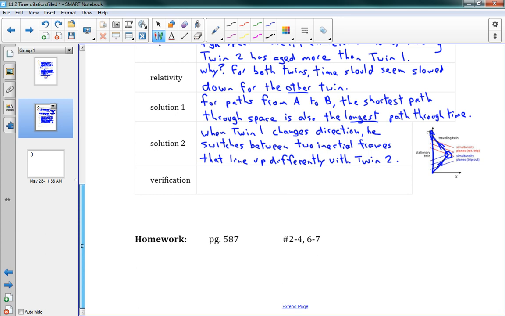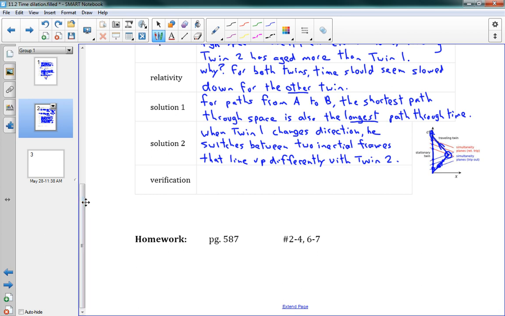We can say that the stationary twin here at that point in time lines up with this point in time for the moving twin. That point in time lines up with this point in time. That lines up with this. Then when we switch inertial frames, now those two times are lined up in this other location. So that at that change, there's a large span of time that's all of a sudden bridged over. Okay, so that's what's going on.